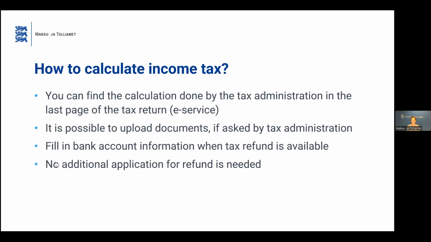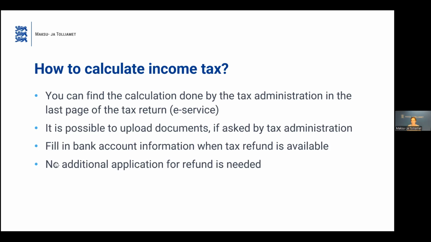When you have already filled in all your income, then you can find the calculation done by the tax administration also in the last page of the tax return. And you can see it, and if everything is okay, then you can confirm the tax return and submit it.